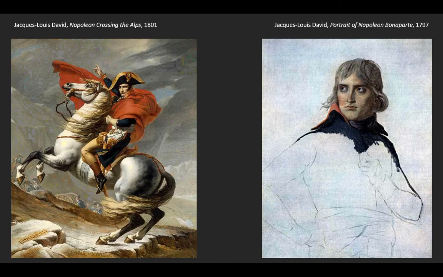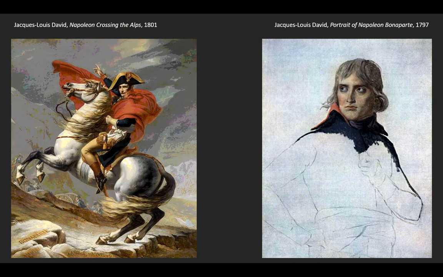The famous Napoleon crossing the Alps shows one of Napoleon's crowning achievements, crossing the Alps from Italy back to France, his triumphal return, commemorated by David on a number of different occasions. There are about 10 different versions of this painting.